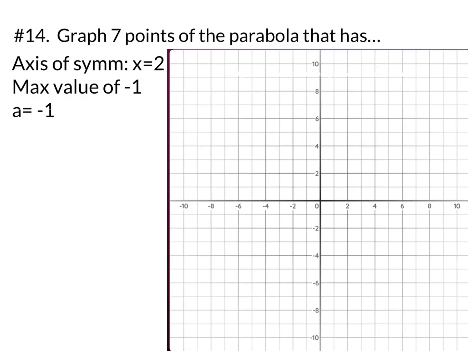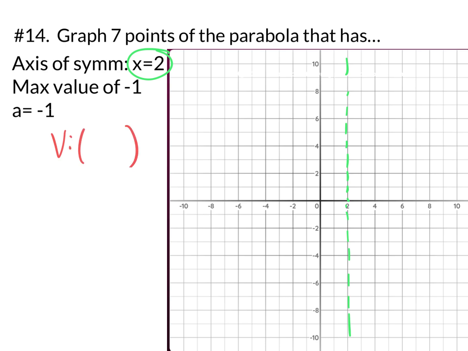They want us to graph 7 points, and right here they tell us that the axis of symmetry is x equals 2, and they tell us that a maximum value is -1. What the heck does that mean, max value? Well, first of all, if I tell you the axis of symmetry is x equals 2, what does that really tell you with regards to the vertex?